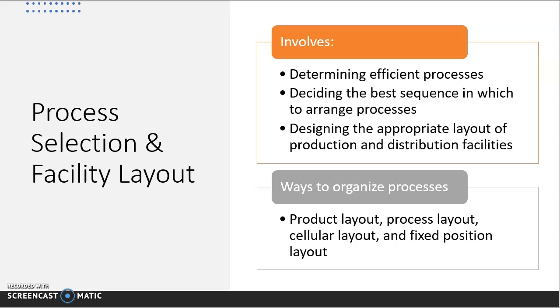So basically, we're really looking at how do we maximize our effectiveness and our efficiency by managing these processes, managing where we make our products, managing how our facilities are designed.